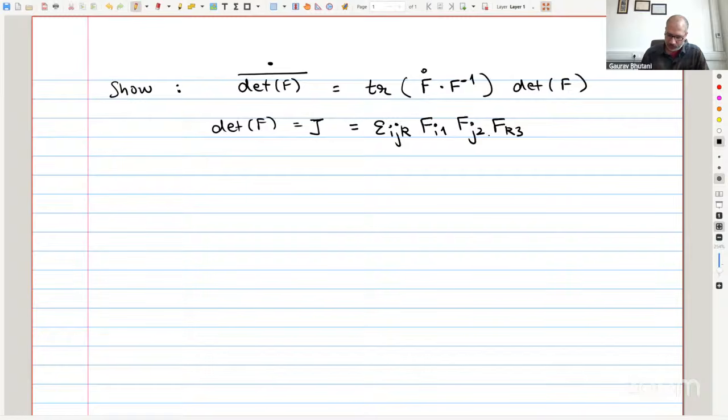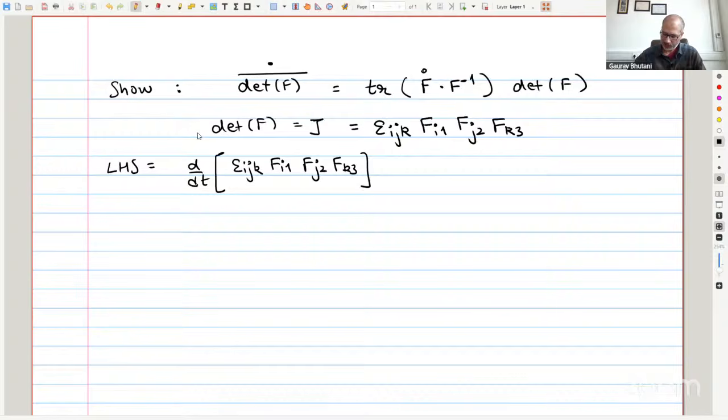So now what we do is, in the left hand side, we have to write the d by dt of this expression. And remember, epsilon is simply constant. So it does not change with time.